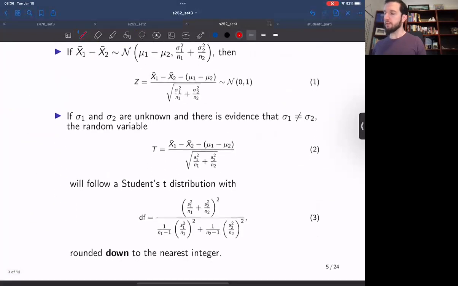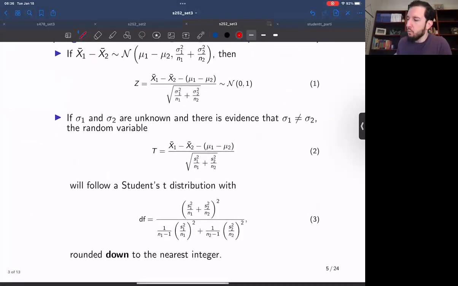All right, so just like before, what we can say is if we have the population variances for each population and we standardize x bar 1 minus x bar 2 using mu1 minus mu2 and the square root of sigma 1 squared over n1 plus sigma 2 squared over n2, we have a z-score.